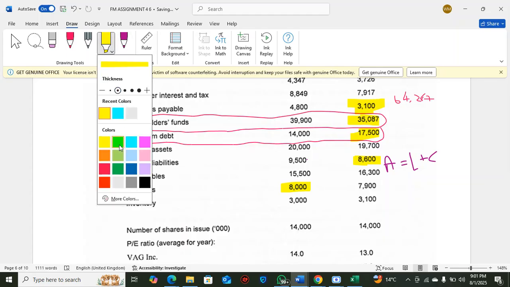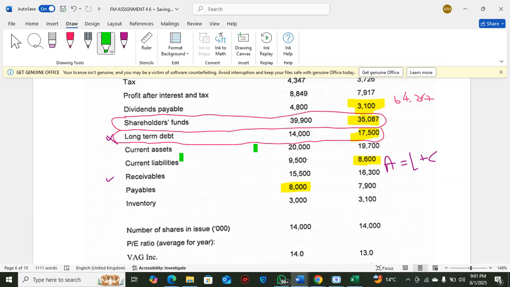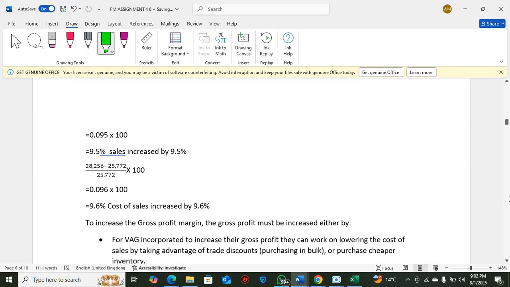Yes, for the current assets, I'm marking them in green: current assets, receivables, and inventory. You add this. Then for your current liabilities, you just add dividends payable, current liabilities, and payables. That's how you get your current liabilities.